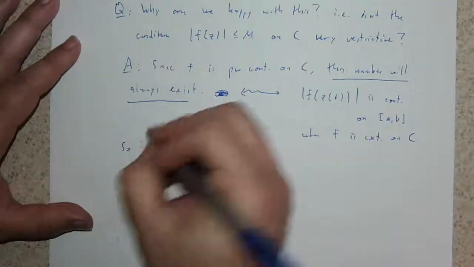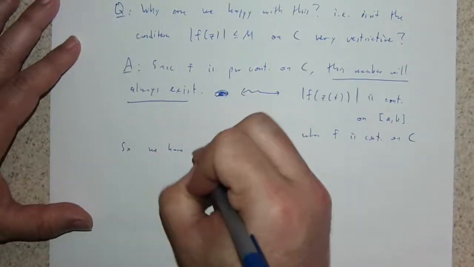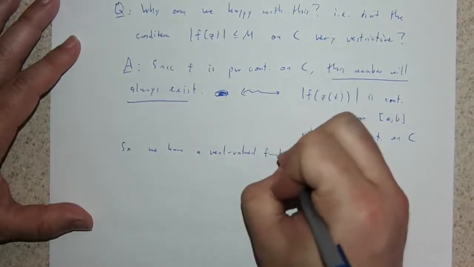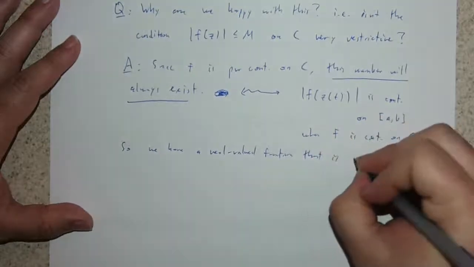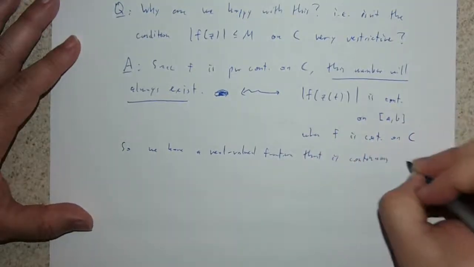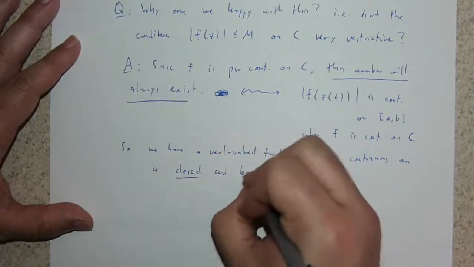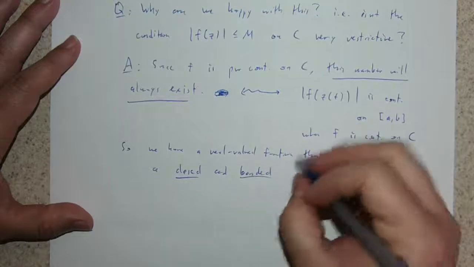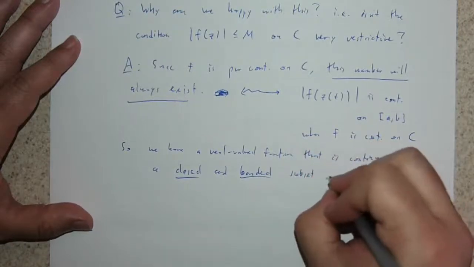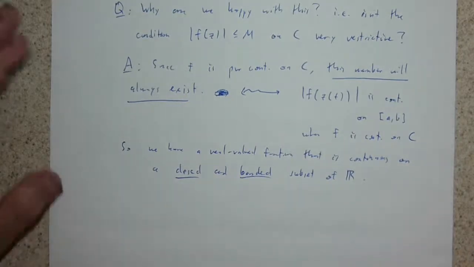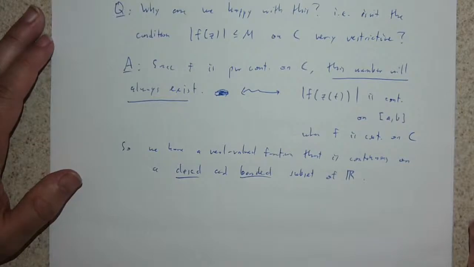So we have a real valued function that is continuous on a closed and bounded subset of the reals. A closed and bounded subset of the reals is compact. And a continuous function on a compact set always attains its maximum.